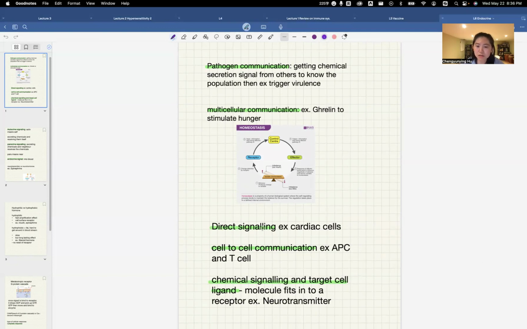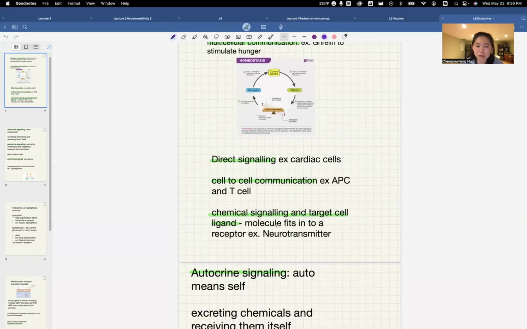Direct signaling, for example, the cardiac cells are sticking together and able to directly communicate between cells. In cell-to-cell communication, there's distance between each cell, but they're close enough that they are able to bind to each other, for example, APC and the T helper cell.